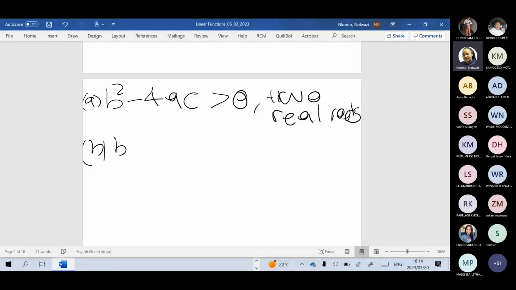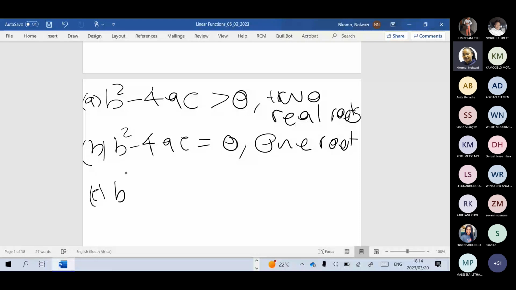And if the discriminant, b squared minus 4ac, is less than 0, that means we have imaginary roots.